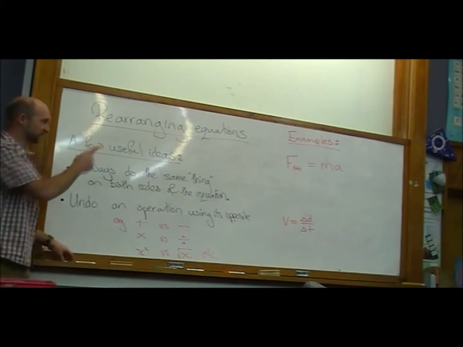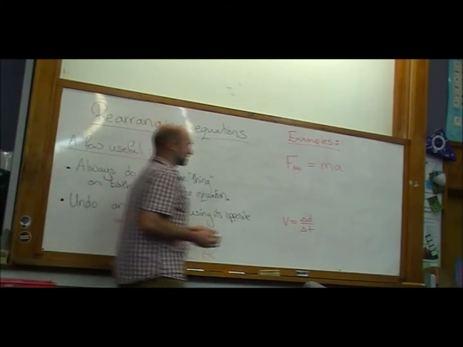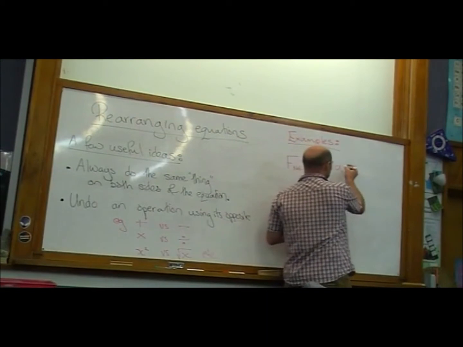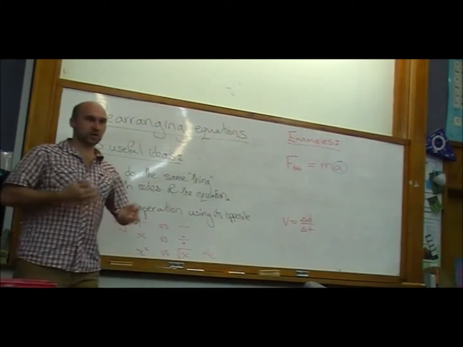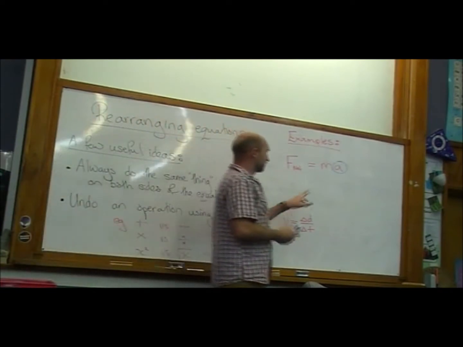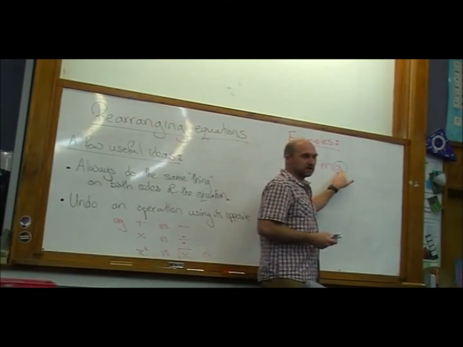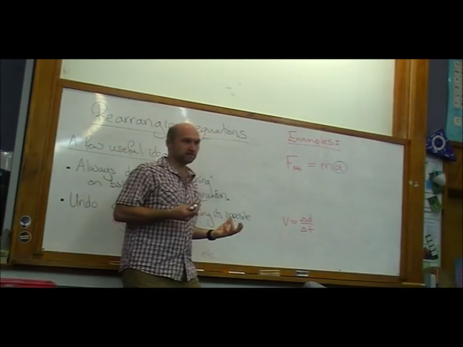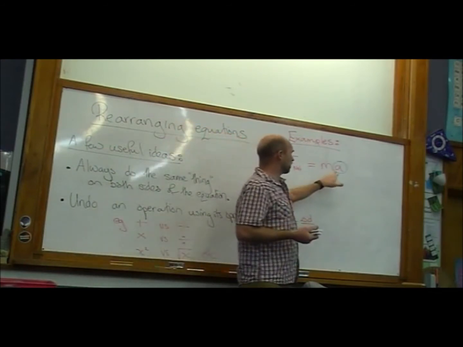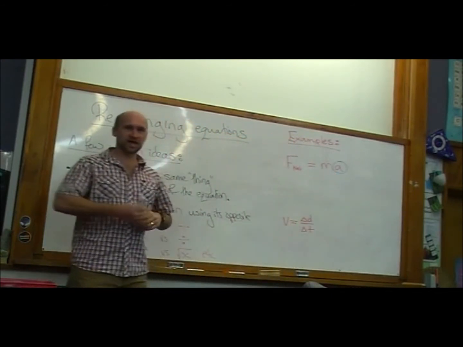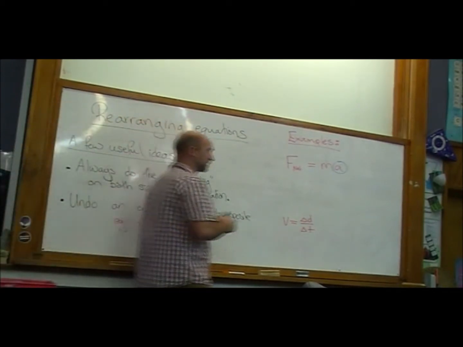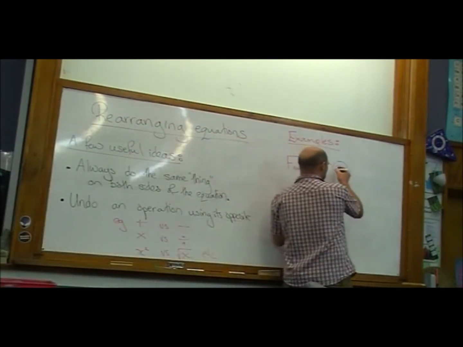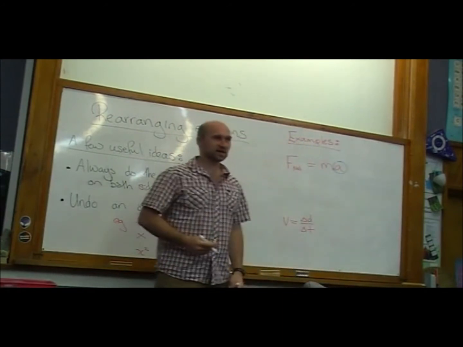So let's have a look as an example at this F equals MA. And say we were trying to make it into an A equals. The question we ask ourselves is, if we want to separate off that A, we're going to have to move the M away from it. What's the operation that's connecting the M up to the A? It's a times. We don't write it, but there's an invisible little times sign that sits in there.